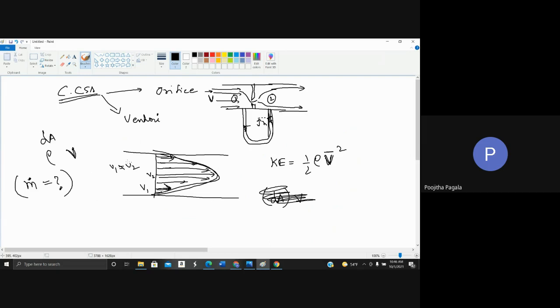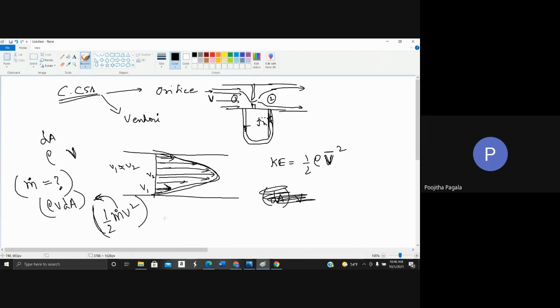Right. So the mass flow rate is going to be rho V dA. Now what is kinetic energy? Kinetic energy is nothing but half m v square, or the rate of transport of kinetic energy is half m dot v square, where m dot is this term rho v dA.